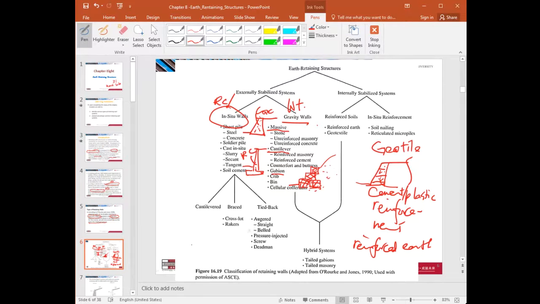And then this will be the cage, the steel wire cage. You make a cage with steel wires and then put rocks inside that cage.